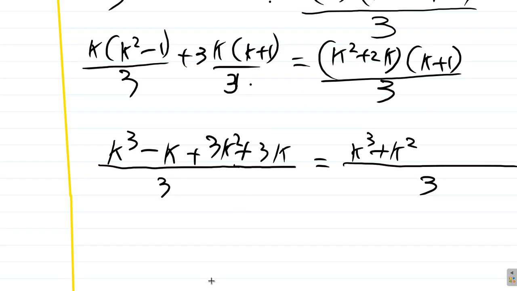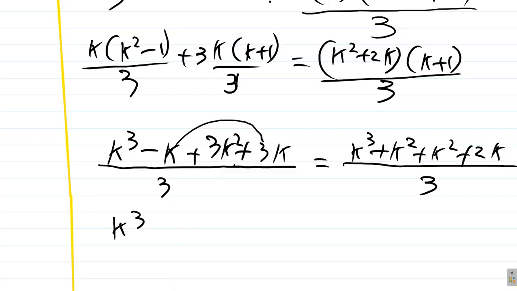Alright, so what we have here is k cubed plus 1 by k squared, or k squared by 1, plus 2k by k gives you 2k squared, plus 2k by 1 is 2k. Alright, so here now you have k cubed, negative k plus 3k is 2k.